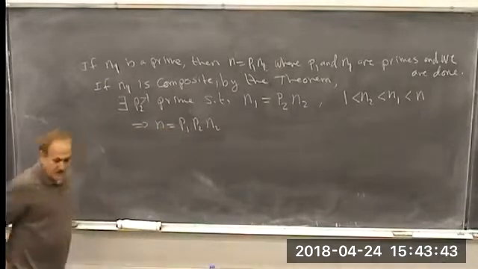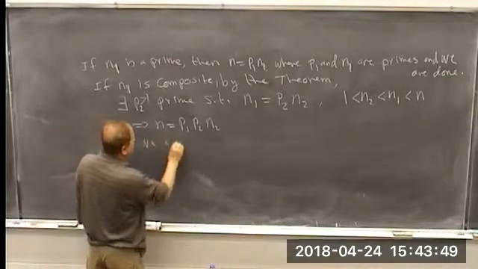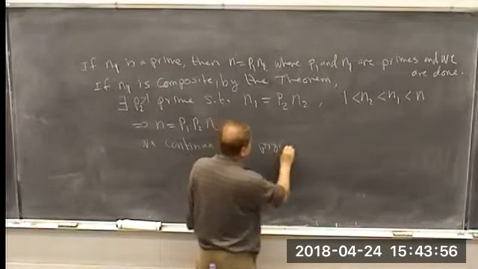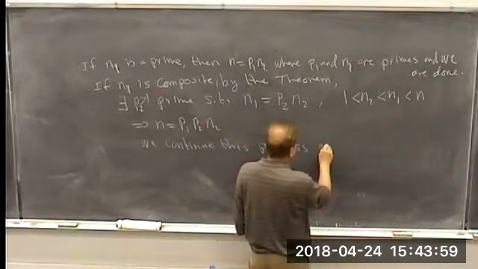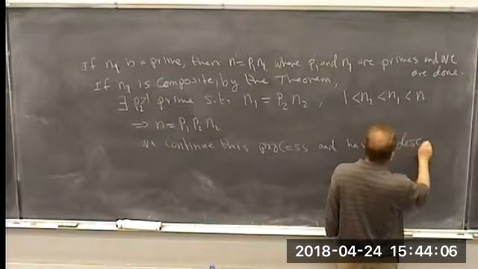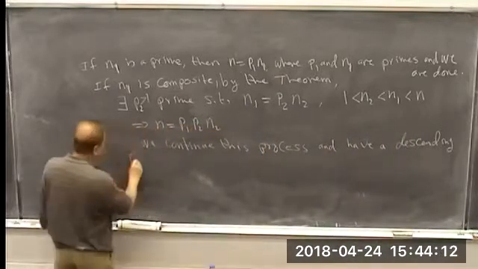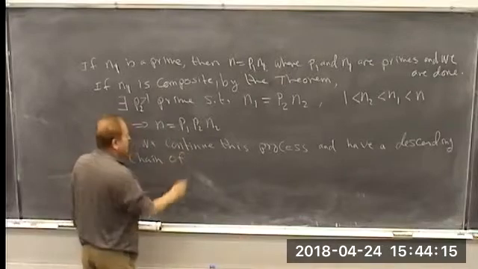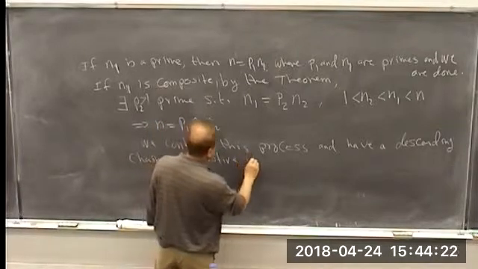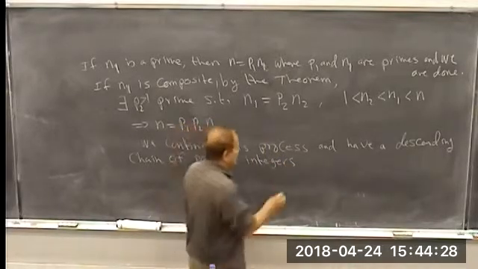So we continue this process and have a decreasing chain of positive integers of this form.